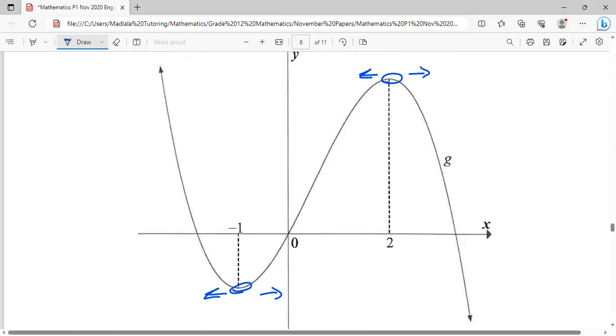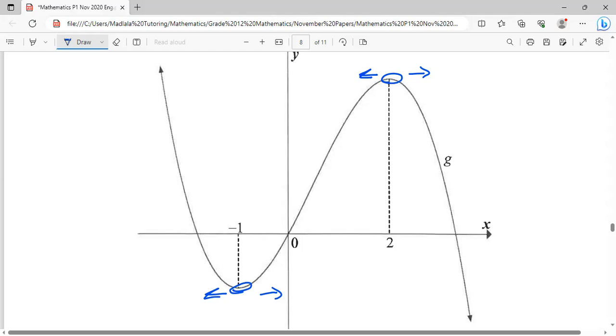So it's not the solution we are looking for. But now if we look from -1 all the way to 2, we can see the function is increasing. So it's the right solution. But if we focus on 2 all the way to +infinity, the function is decreasing again.